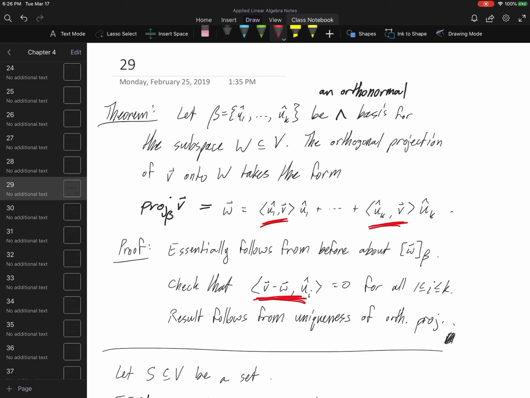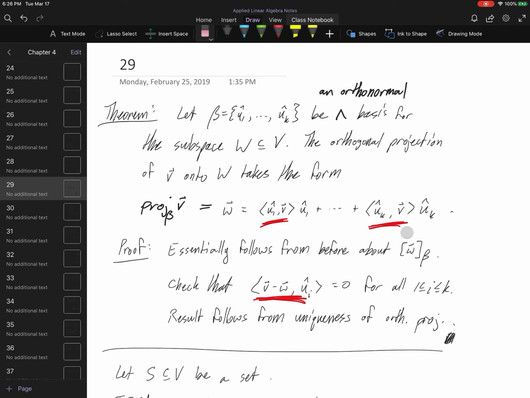And we can check that v minus w inner product u_i hat has to be 0. So indeed, v minus w is orthogonal to u, which means w lives in there. Okay, so no problem.